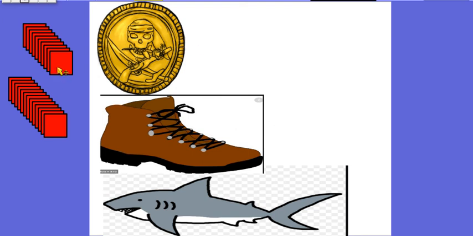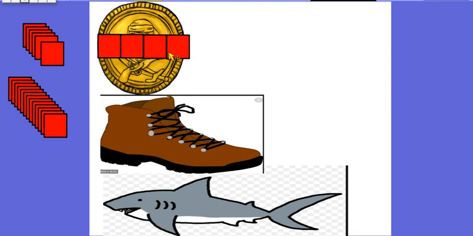So first of all I'm going to start with the treasure coin, the shortest object. So I'm going to have 1, 2, 3 and 4. So I'm going to say that the treasure coin is 4 cubes long. Okay, now I'm going to measure the boot.